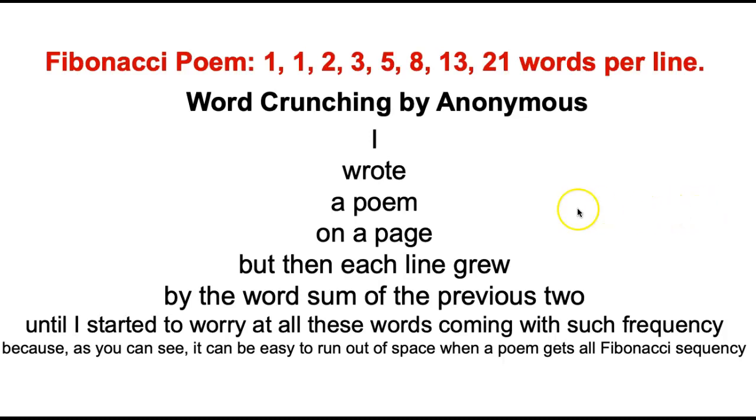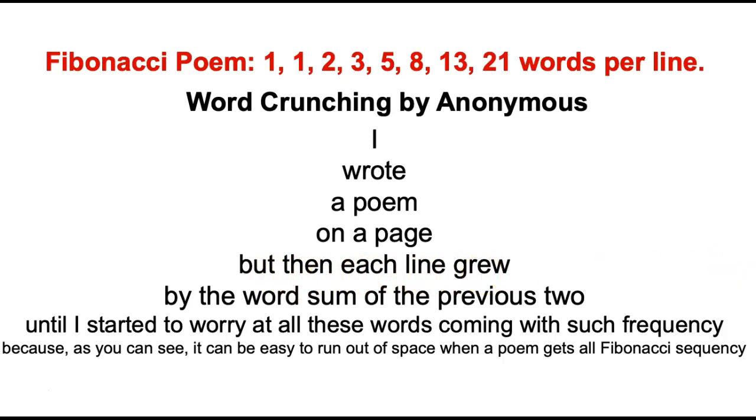And then we have three words on the next line. It says on a page, which is associated with the 3 in the Fibonacci sequence. The next number in the sequence, of course, is a 5. And so then the next line too has 5 words that say, but then each line grew.